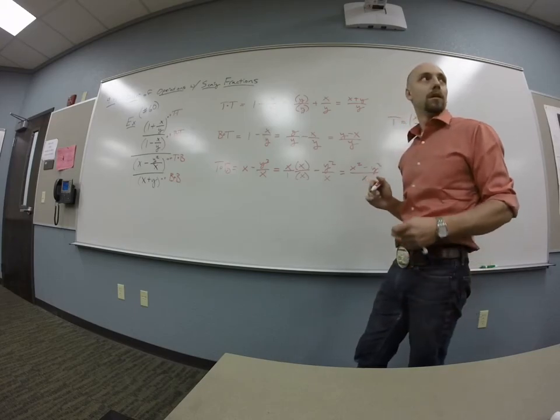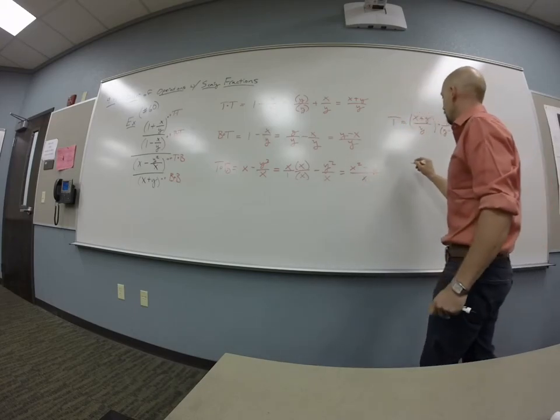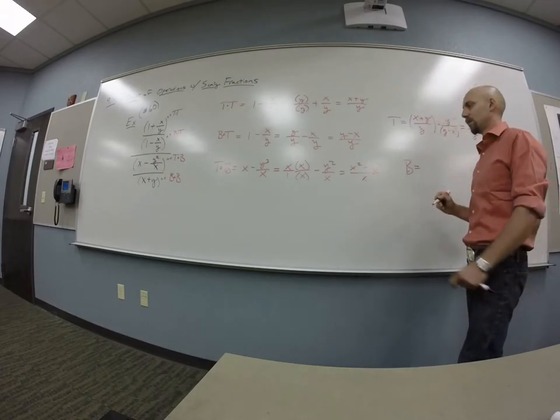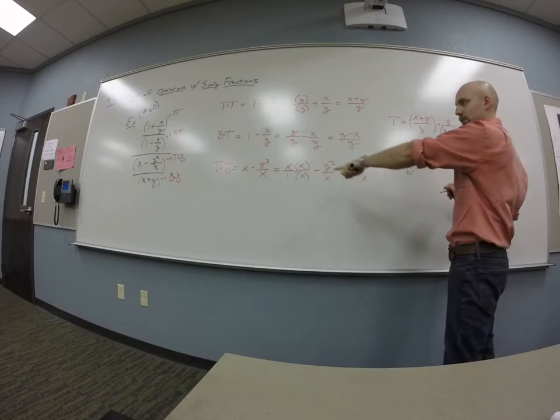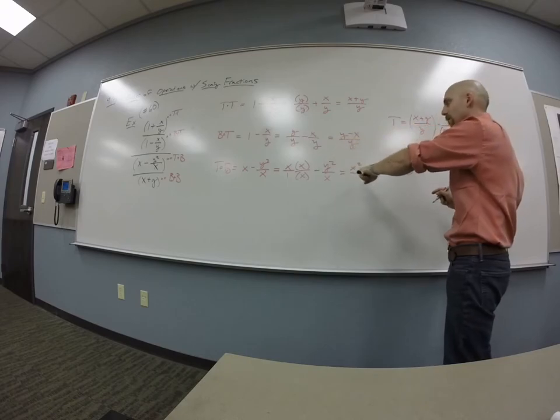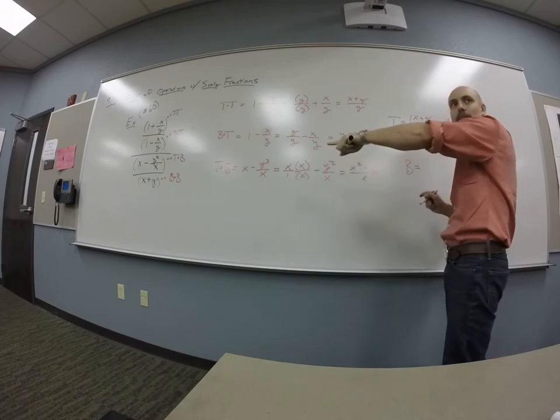Now I'm looking for the bottom. The bottom of the bottom is x plus y, right? The whole bottom is the top of the bottom divided by the bottom of the bottom.